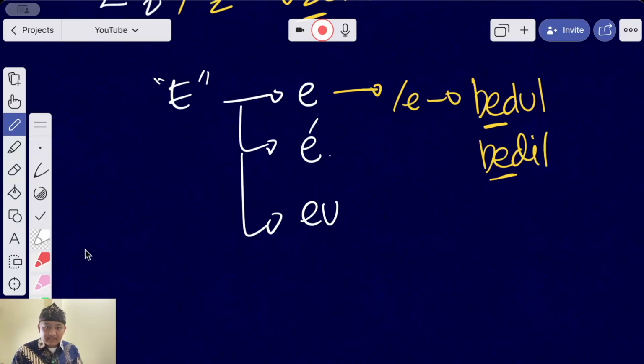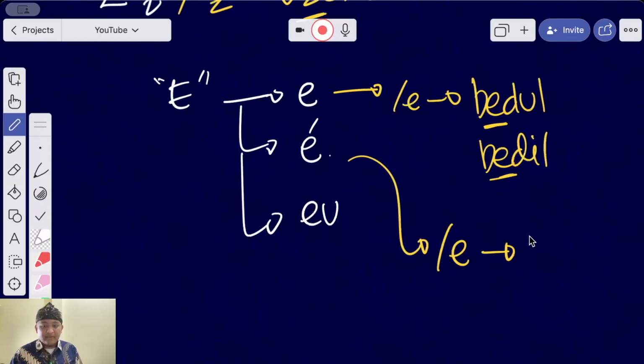For the one using this mark, it's read as the E in ketchup. This is also a loan word from English, although the meaning is quite different.